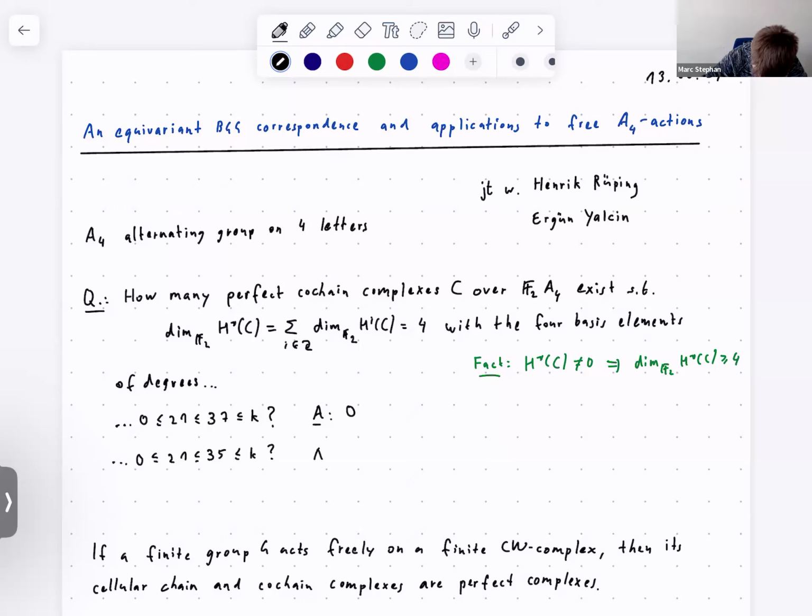then it turns out that there are perfect cochain complexes. And when I say we want to count them, I mean actually up to quasi-isomorphism, which is the same as chain homotopy equivalence because they're perfect.